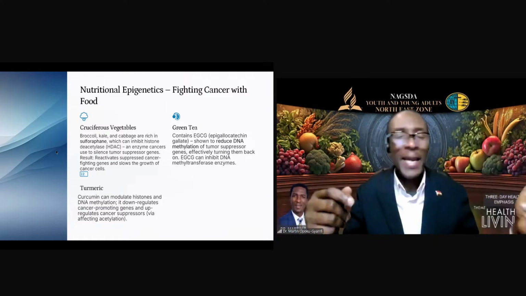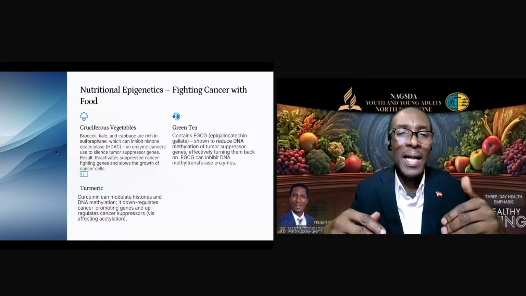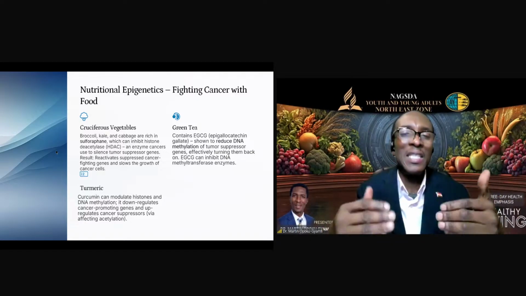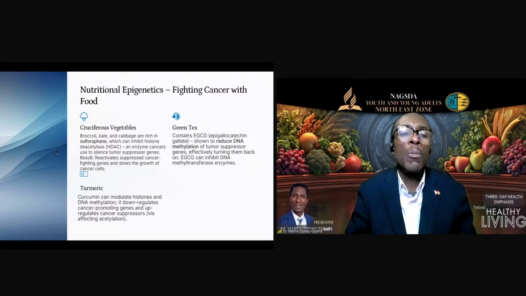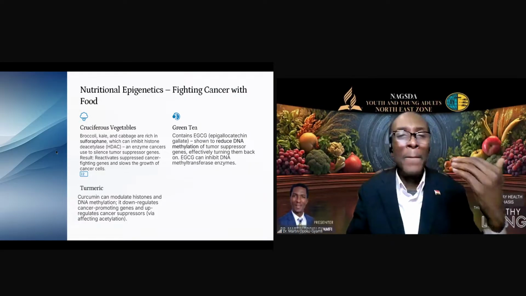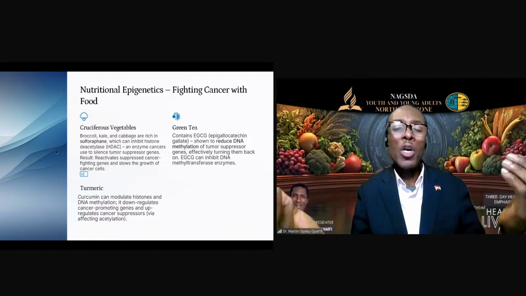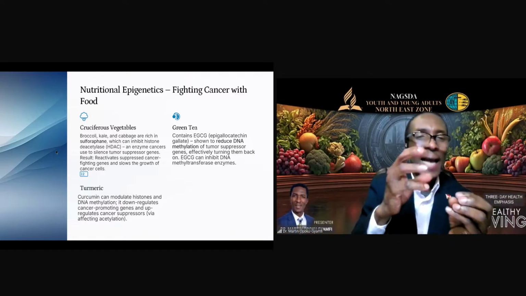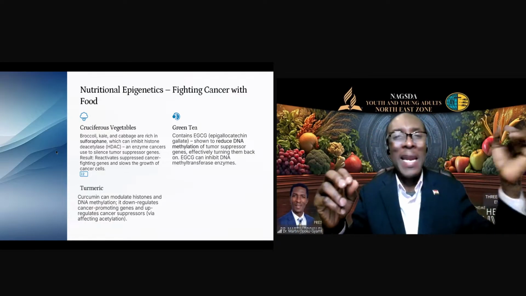They create negative epigenetic tags that can prevent cancer genes from being repaired, and they prevent cancer cells from committing suicide. But cruciferous vegetables will also create their own epigenetic tags that can sort of cancel out or neutralize the effect of those things.